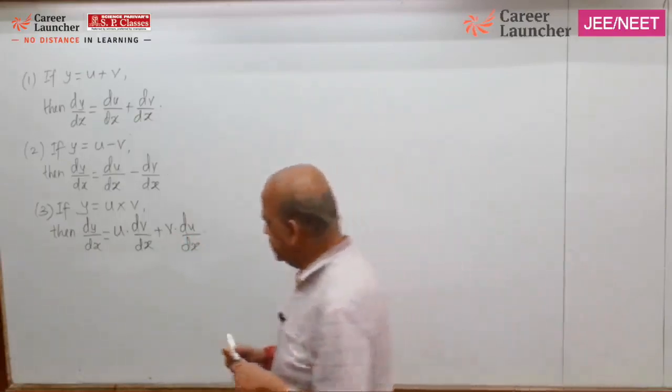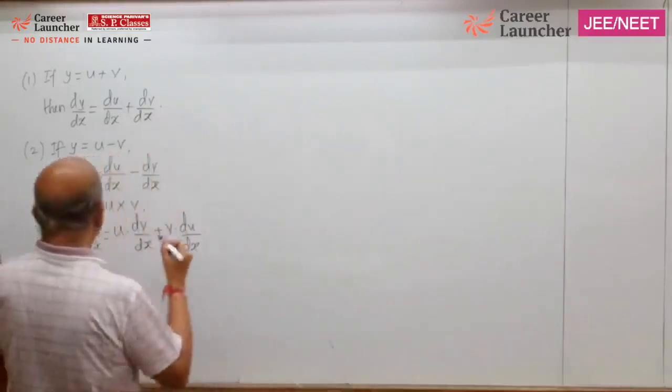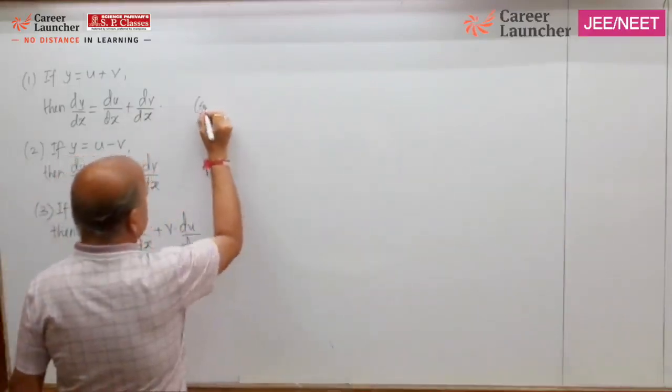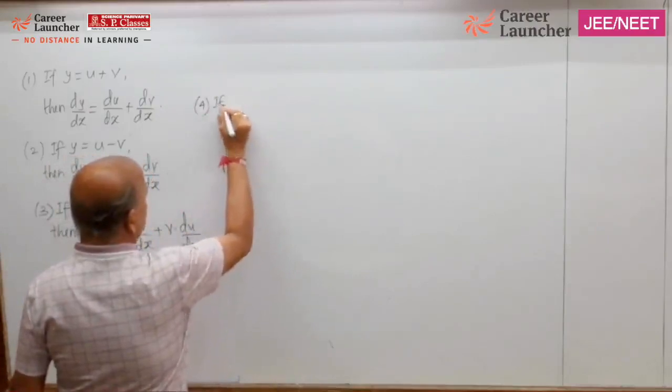Okay? And now the fourth and a very important rule once again, that is the quotient rule.